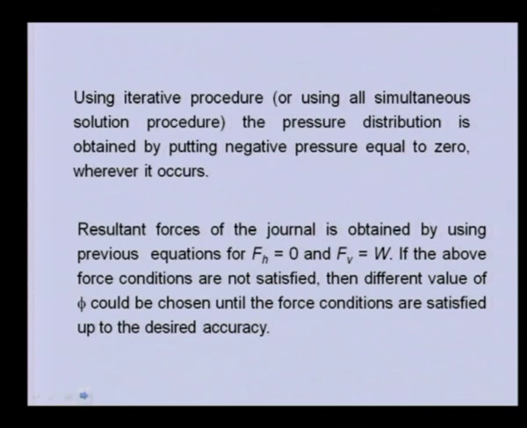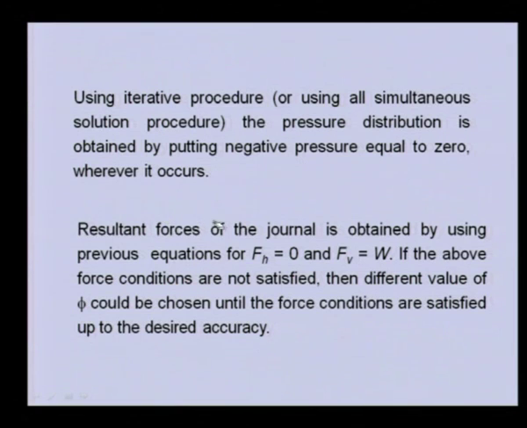Using an iterative procedure, or a simultaneous solution procedure solving the finite difference equations simultaneously, the pressure distribution is obtained by putting negative pressure equal to 0. So, whenever we obtain negative pressure, we keep that equal to 0.